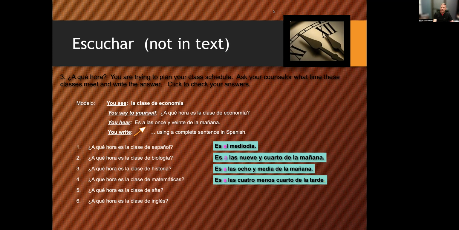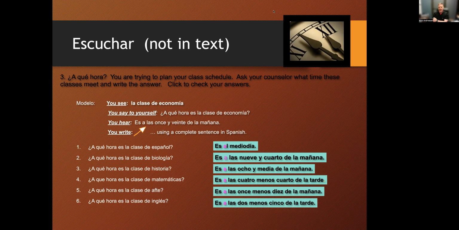It's 3:45 p.m., right? So 4 minus a quarter, 3:45 p.m. Número 5, es a las 11:10 de la mañana. So it's at 10:50, right? 11 minus 10 in the morning. Número 6, es a las 2:05 de la tarde.